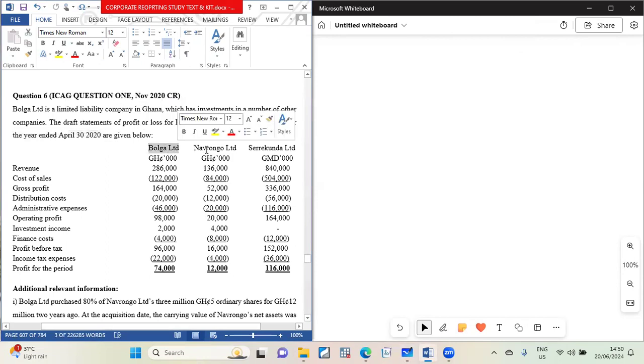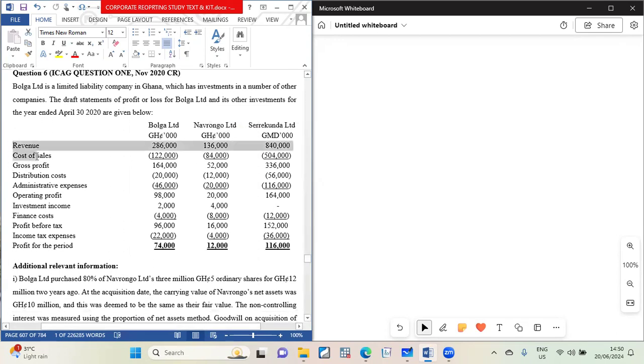So you have Bolga, you have Navrongo, and you have Serekunda Limited. Now, you see that Serekunda is not in Ghana. It is in a different currency. So I think in this consolidation you have two subsidiaries, but one of the subsidiaries is a foreign one. It's not going to be easy, right?